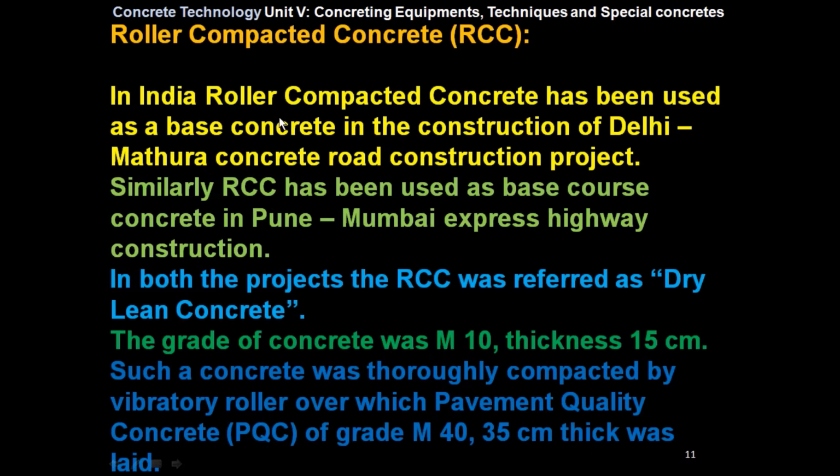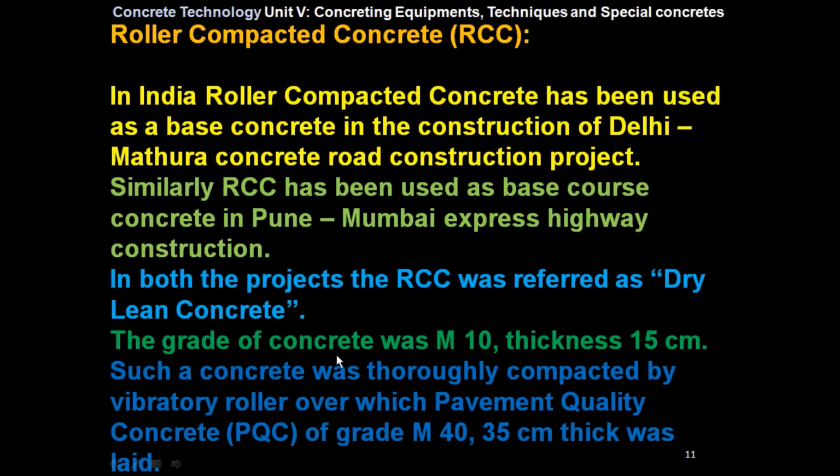In India, roller compacted concrete has been used as a base concrete in the construction of Delhi-Mathura concrete road project. Similarly, RCC has been used as a base course concrete in Pune-Mumbai express highway construction. In both the projects, the RCC was referred to as dry lean concrete.